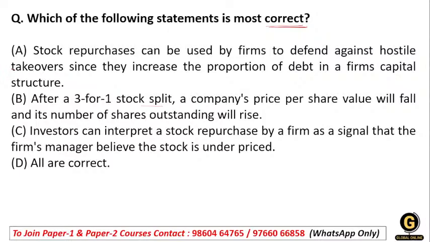Option number 1, understand this statement specifically: stock repurchase can be used by the firm to defend against a hostile takeover, since they increase the proportion of debt in the firm's capital structure. So student, when a company buys back its own shares, the total number of shares available to the public decreases, it does not increase.